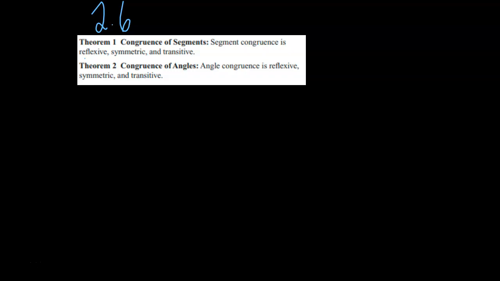So what we mean by that, for theorem 1, and theorem 2 is very similar, my trackpad is a little strange, could be written like this. Segment congruence is reflexive, means if you have a segment, it is congruent to itself. So for example, a generic segment AB is congruent to itself.